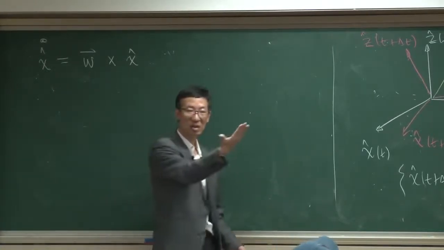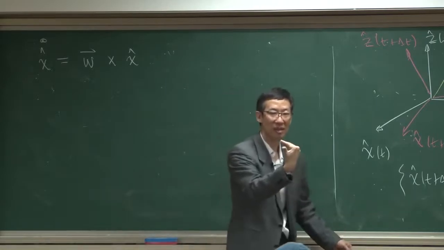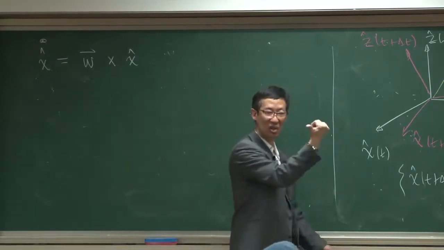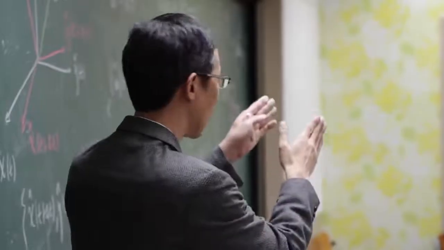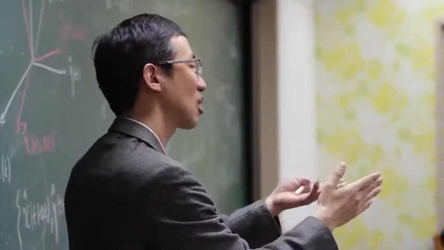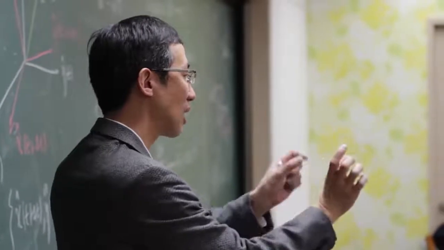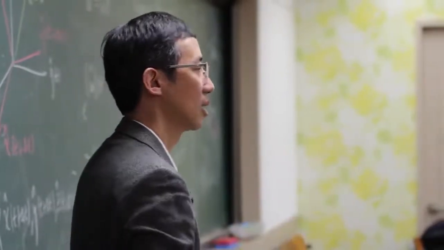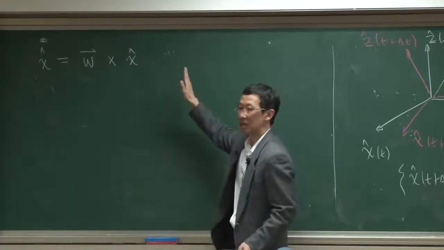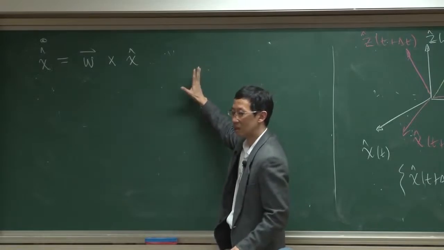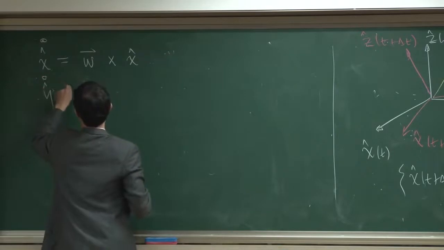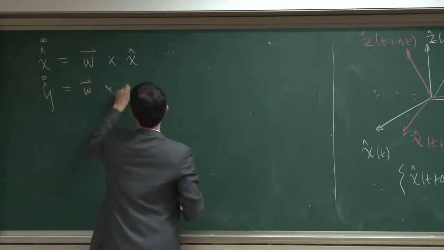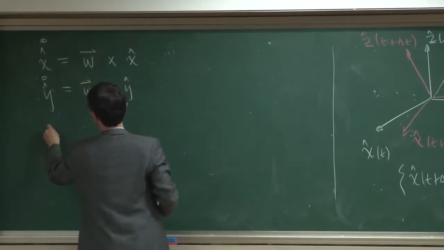Use the right-hand rule for cross products and you can verify the direction is correct, and the length is also correct. It's the length of omega times the length of x, which is 1, times the sine of the angle between omega and x. So this is true, and in fact, so is this and this.